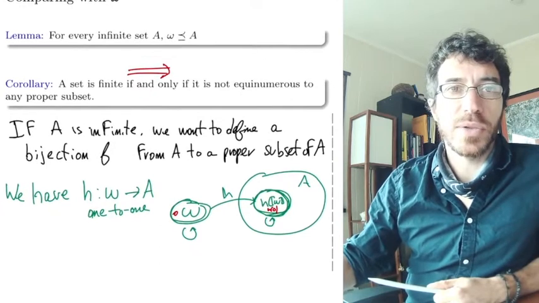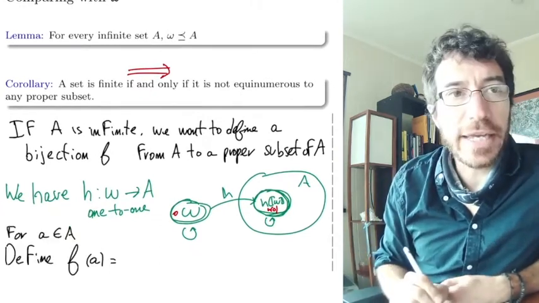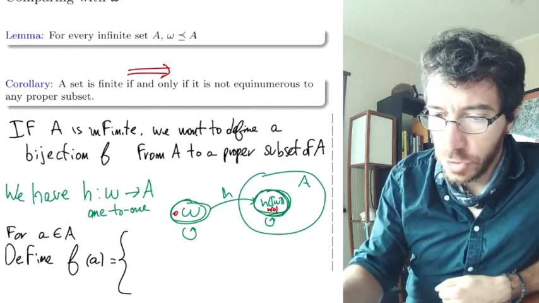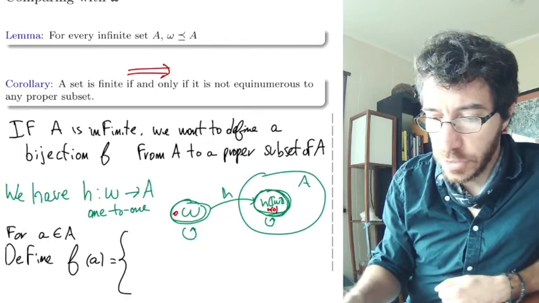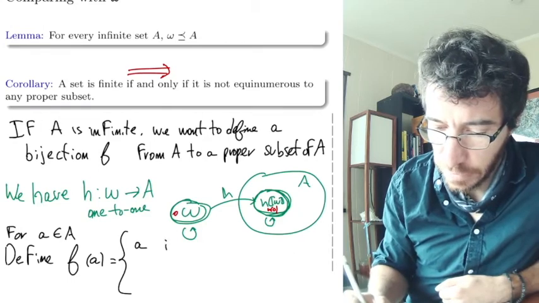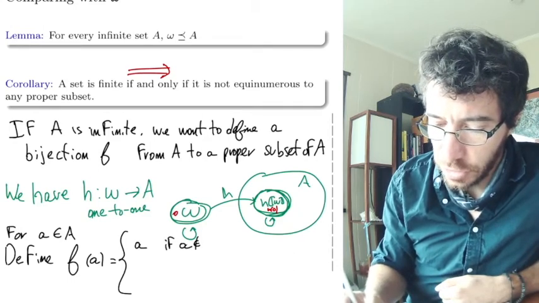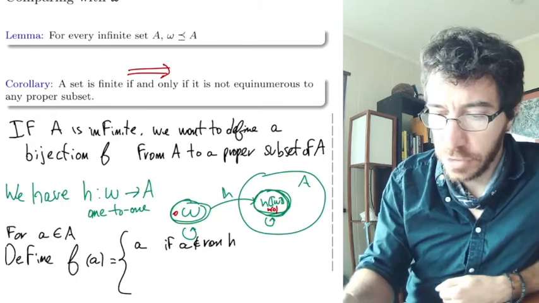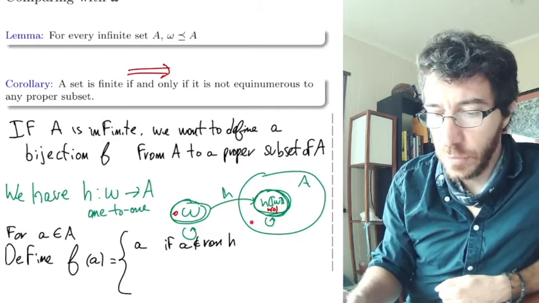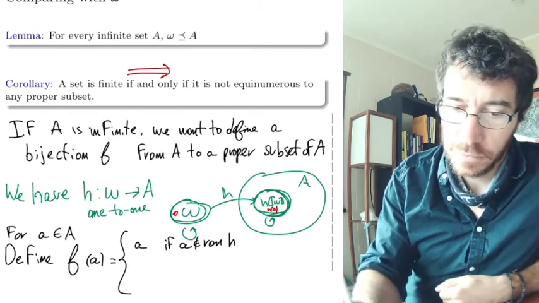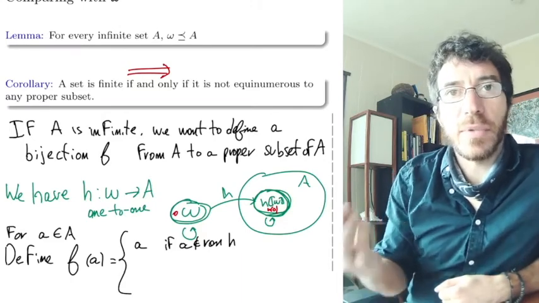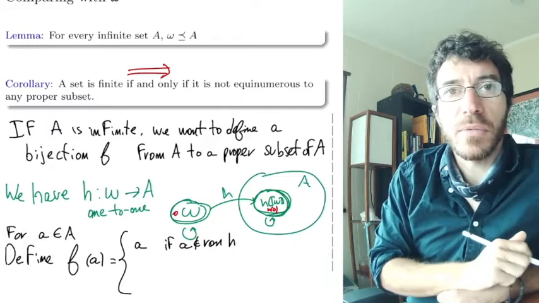Okay? So we can do the following. For a in A, we define f of a depending on whether a belongs to the range of this function H or is outside. If it's not in the range of H, we just let it be itself. So a, if a is not in the range of H. Okay, so if a is up here or up here or up here, we let it just stay fixed. And if a is up there, then we just take the pre-image, we add 1, and then we go back.